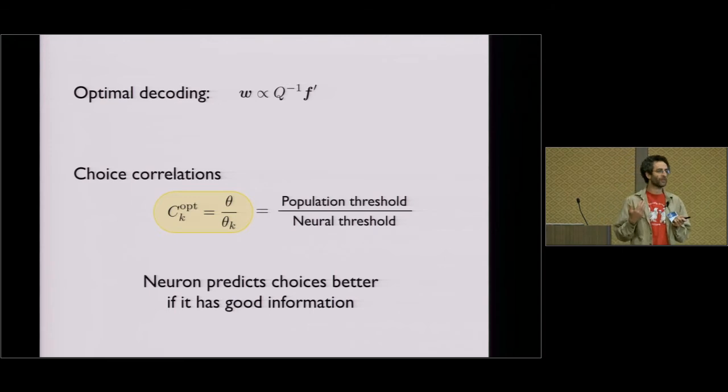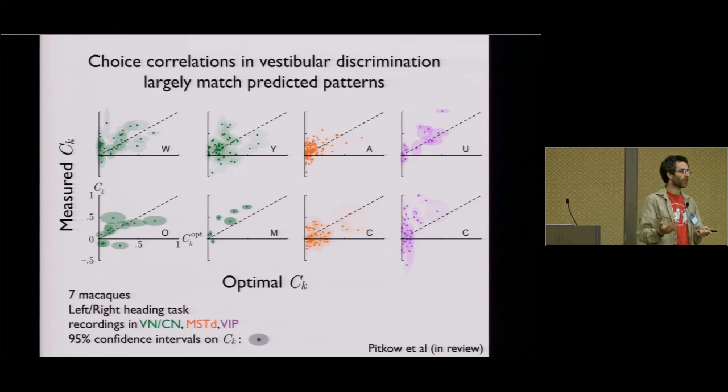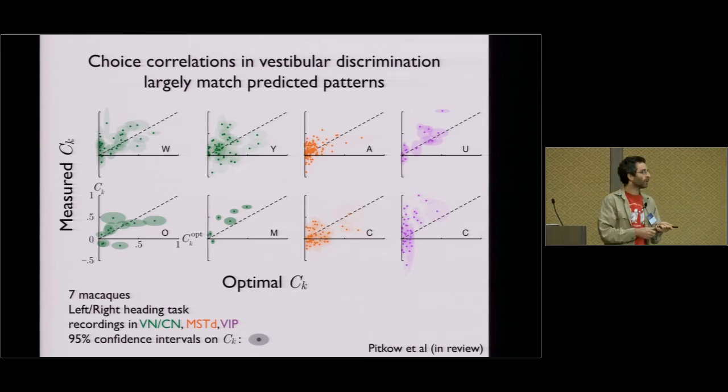If we think about this in terms of information, the correlation that a neuron has with behavior is just how much of the information, what fraction of information, does it have? And so if it has good information, it predicts the choices better. And when we actually apply this test, which I emphasize is just a single neuron at a time, we can evaluate the quality of the whole population, the decoding of everything, in terms of one neuron at a time, making a bunch of independent measurements.